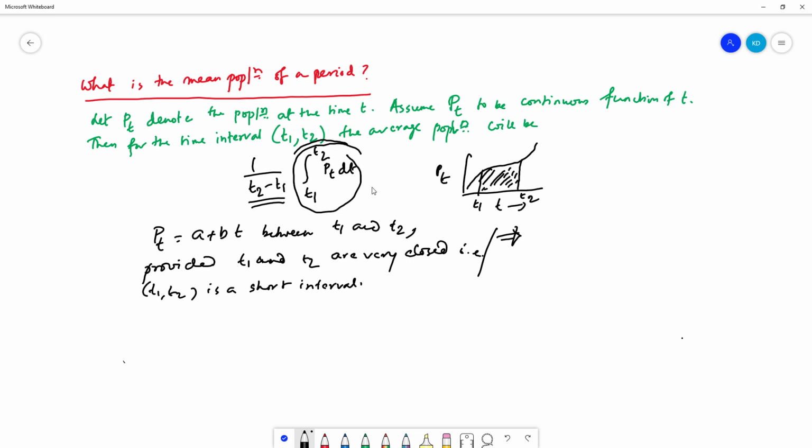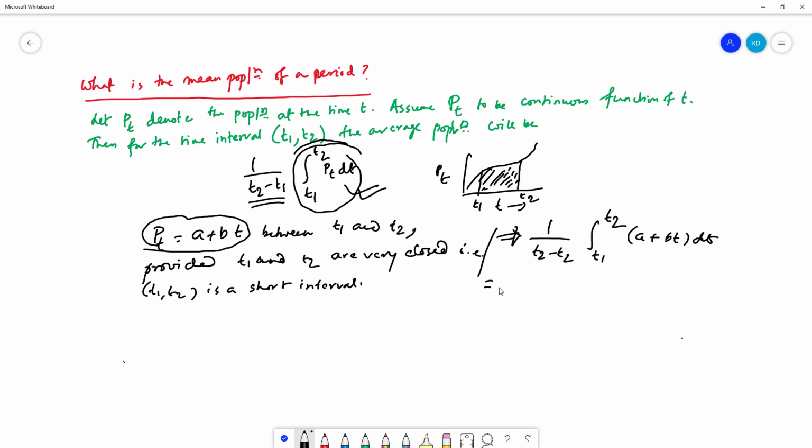we know the formula for the average population. If we consider P(t) a linear function of t, then we write it as the integral of a plus bt dt.